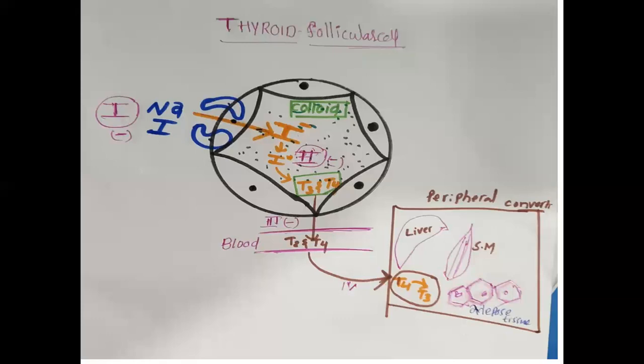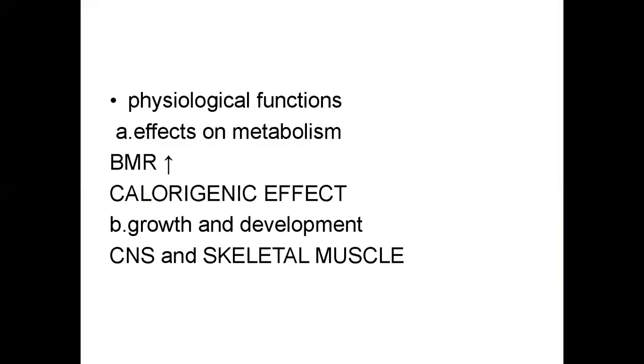It is also called a negative feedback mechanism. If the T3 and T4 levels are very less in the blood, the hypothalamus will produce more thyroid stimulating hormone to secrete more T3 and T4. So the thyroid gland is mainly under the influence of the hypothalamus.